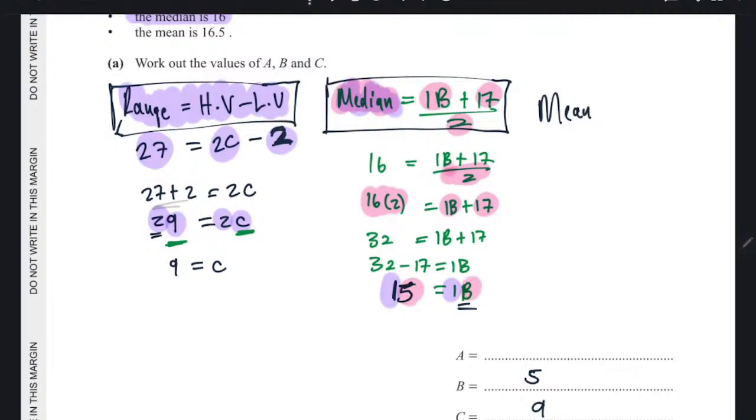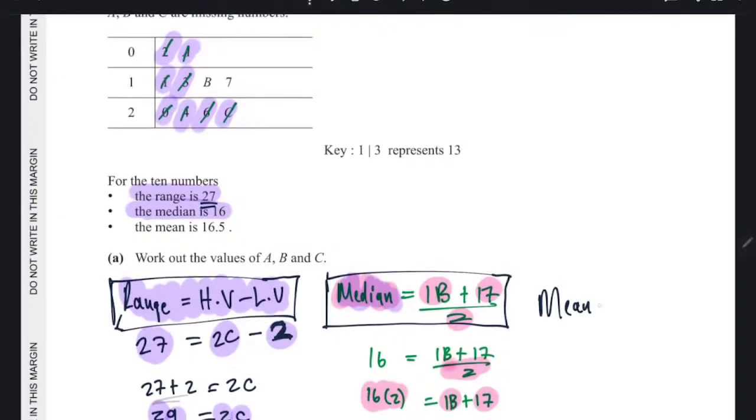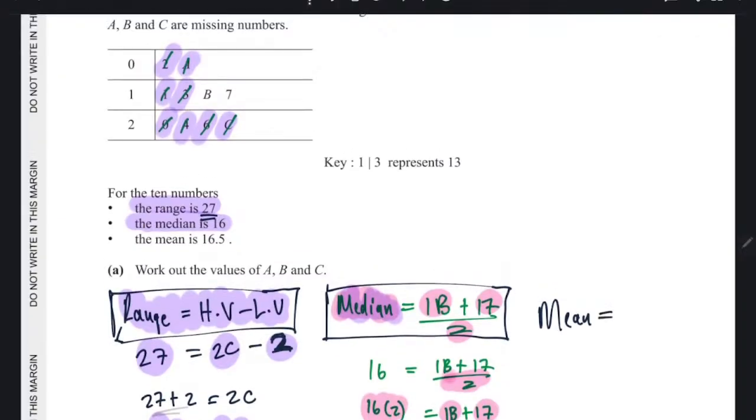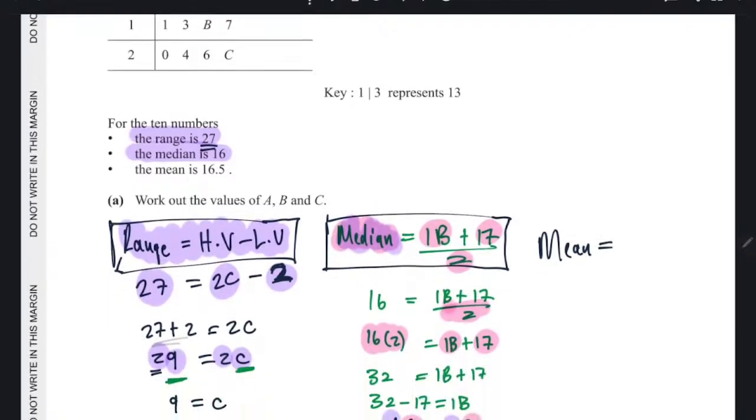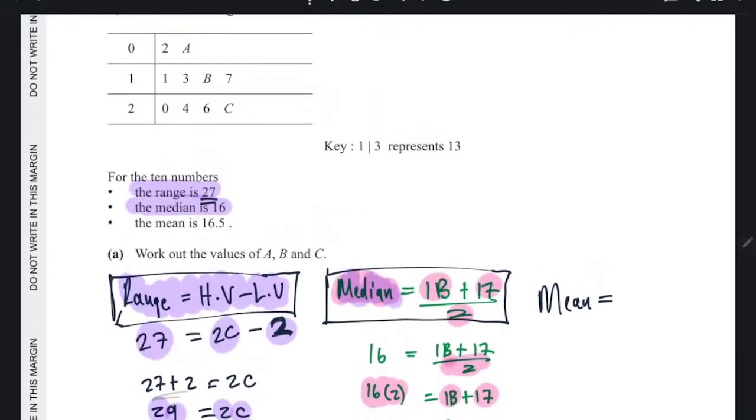Now we go to mean. Mean is found by adding things. So now since we know that B is a 5, C is a 9.